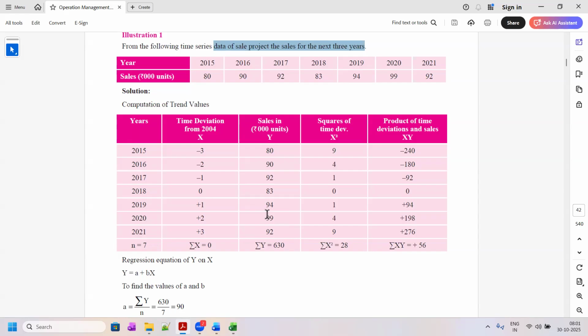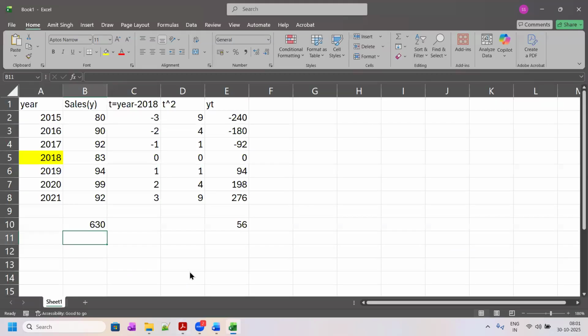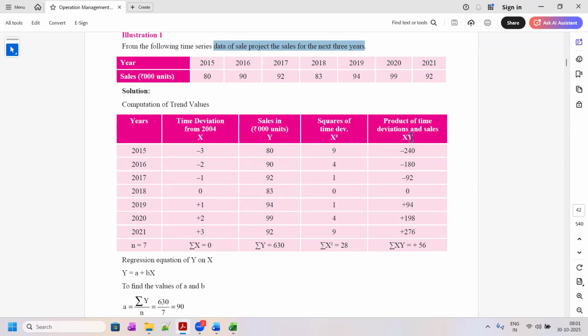This is the total sum of sales, 630, and then they did the square of x, you get 28, and the product of time deviation and sales you get is 56. Is this clear?